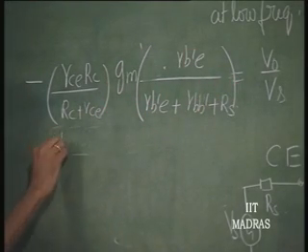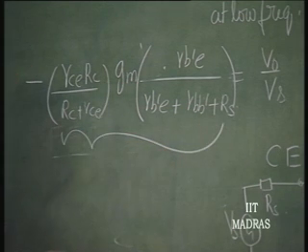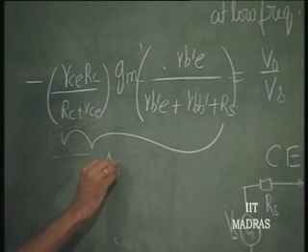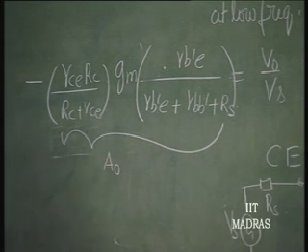So, we will call this our A naught, that is the gain at low frequency, DC, indicating A naught. Okay.